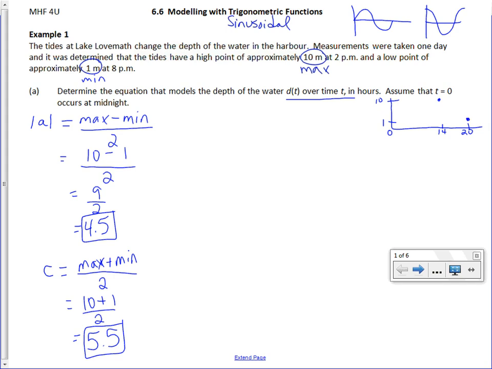I went from max to min. Please don't just connect the dots, right? That's horrible. That's not what the sinusoidal graph would do. What should happen midway between 14 and 20? There should be a middle point. That would be where, it's on the board here, where that middle would be. Yep, 5.5, the middle.